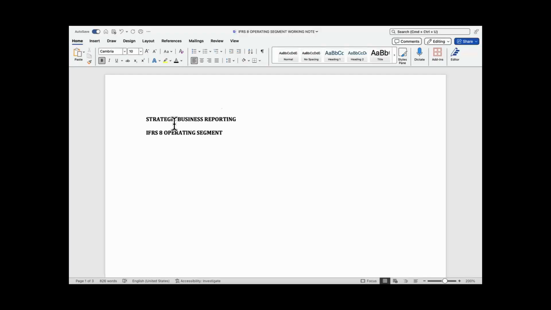The first thing I need you to note is this. This standard does not apply to everyone. A lot of organizations usually have branches, they have segments. Is it all of them that can apply this standard? No, it's not all of them.